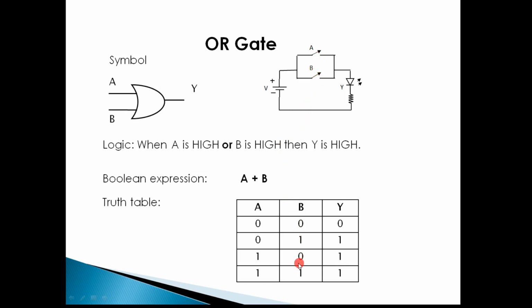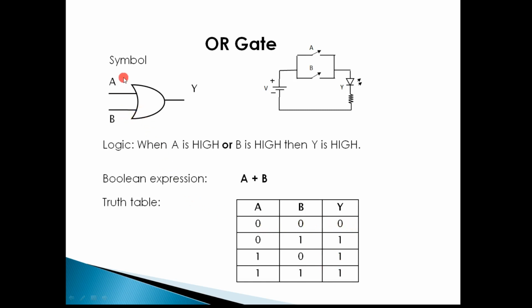This OR operation is summarized here in the truth table. When A or B is high, or both A and B are high, then the output of OR gate is high. When both the inputs are 0, then only the output of OR gate is 0.